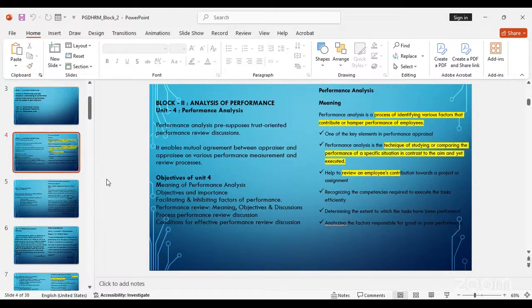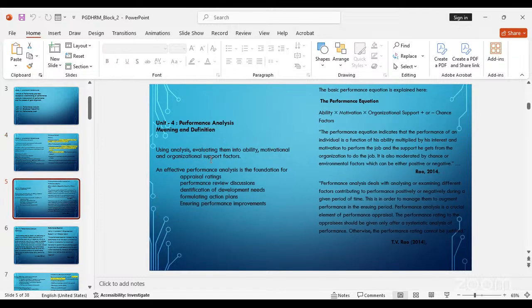We can calculate performance by using a simple formula proposed by Dr. T.V. Rao. Individual performance is the ability of each and every individual multiplied by his interest and motivation to perform a particular job and the support he gets from the organization while doing his job.